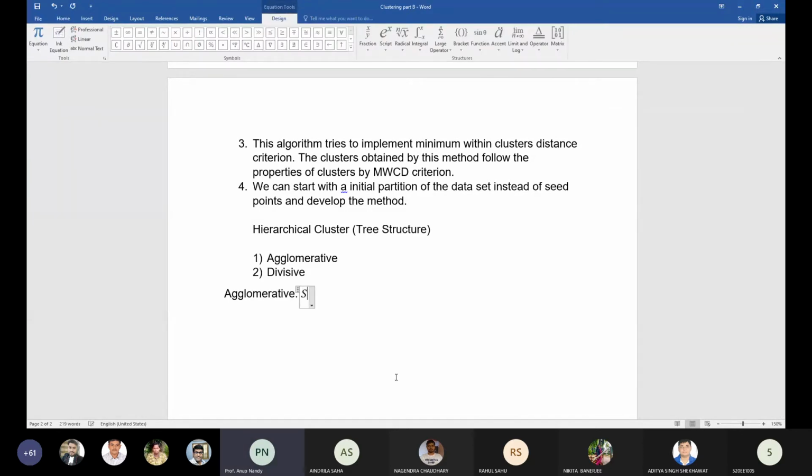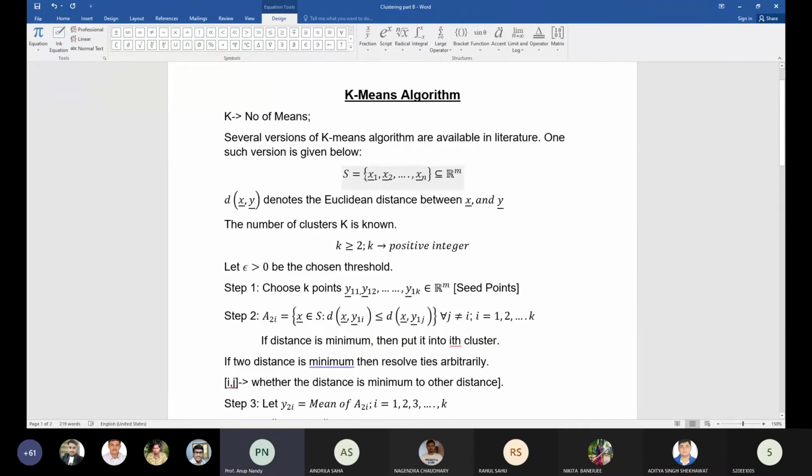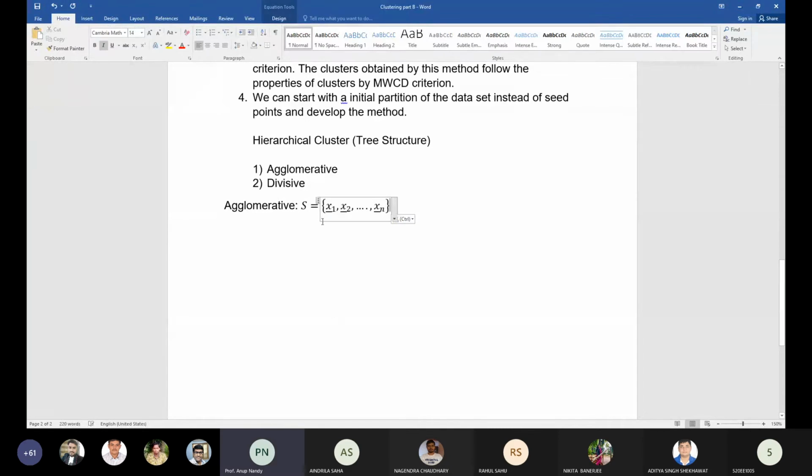Now suppose you have S equal to x1 to xn points.